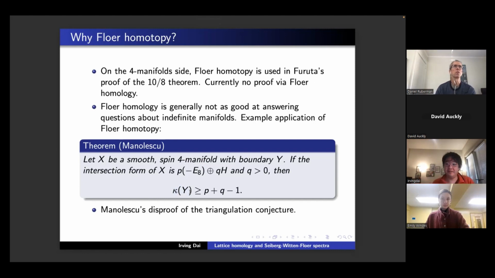Okay, so these are some topological reasons why you might study Floer homotopy.